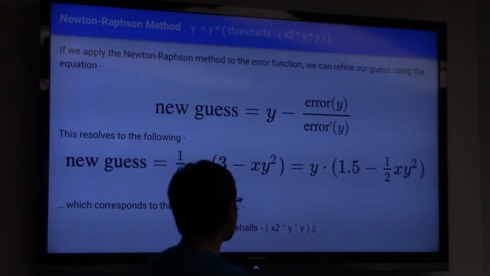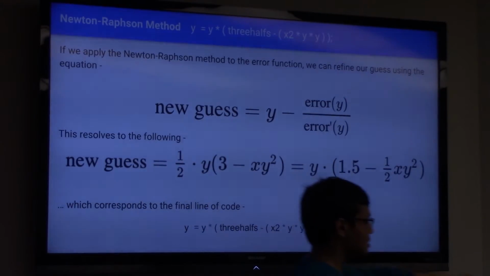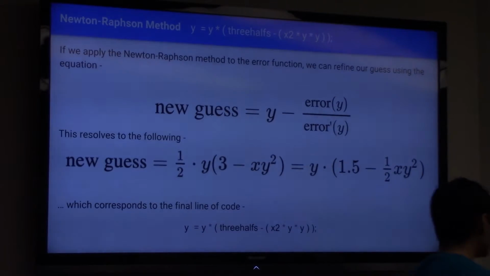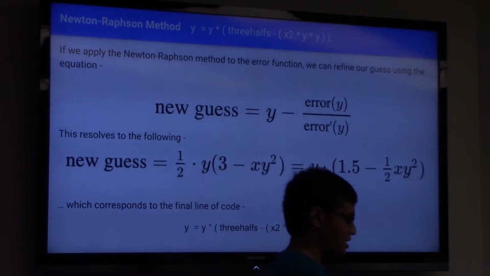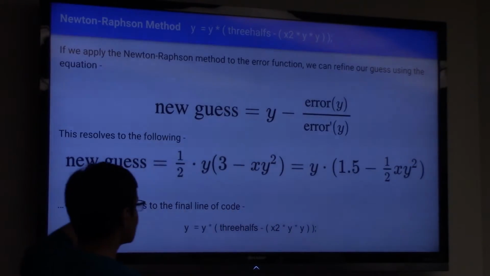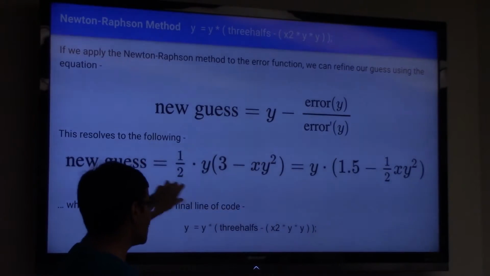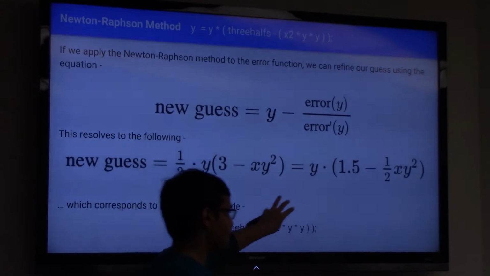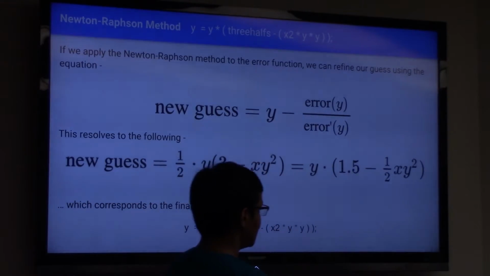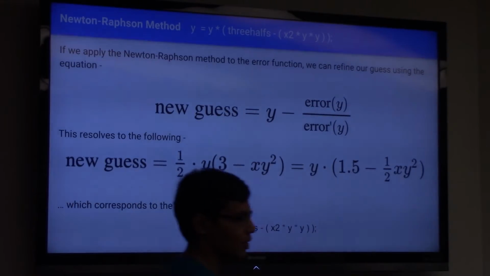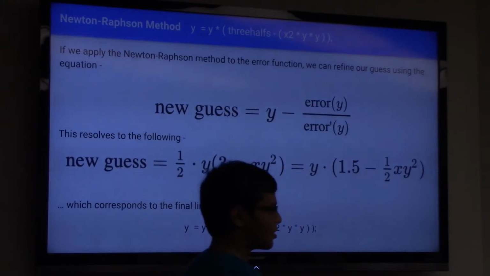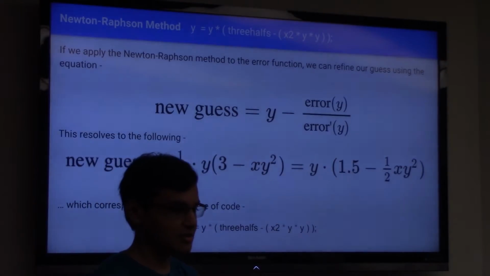The derivative is minus 2 over y cubed, and my original function was 1 over y squared minus x. So I put values in the function, and I get y multiplied in brackets 3 halves subtract half of x times y squared. Again, x is our original number, y is our guess.